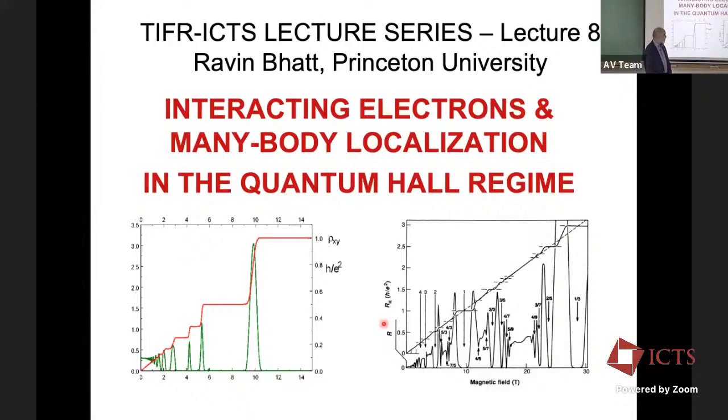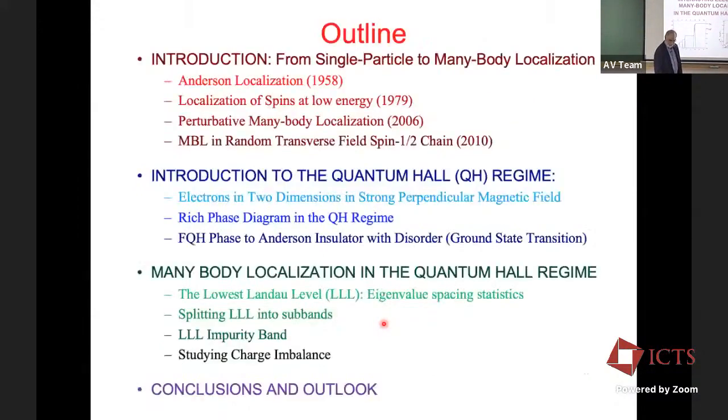As you make the sample cleaner and cleaner, the set of steps develops smaller steps in between, and the spikes in the longitudinal resistance grow in number and start having a very interesting structure. So we're going to study that today.